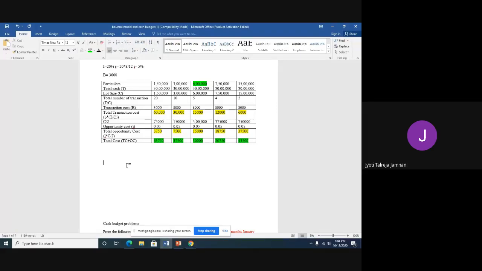Using Baumol model of cash management, a student has arrived at the economic lot size of rupees 2 lakh.